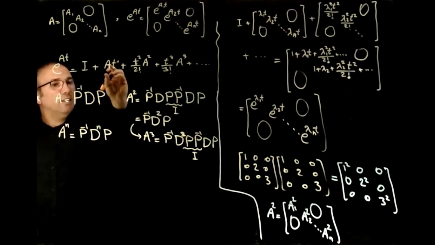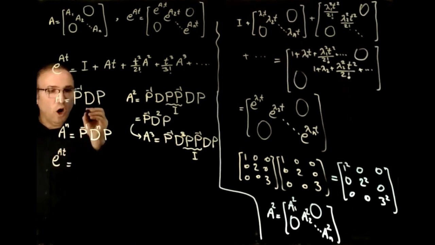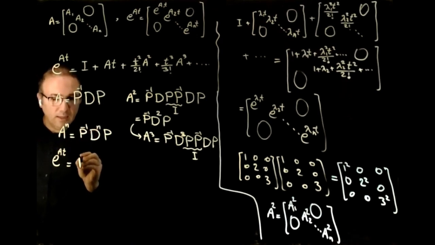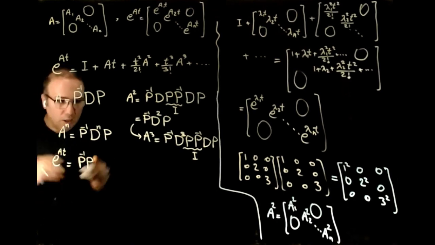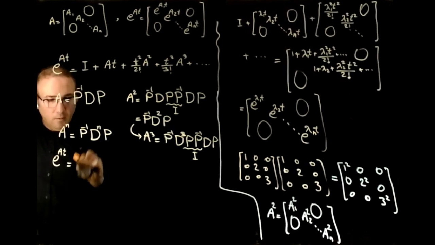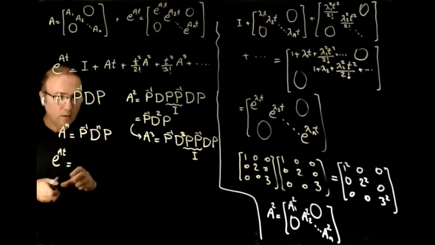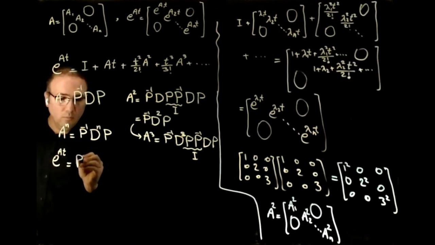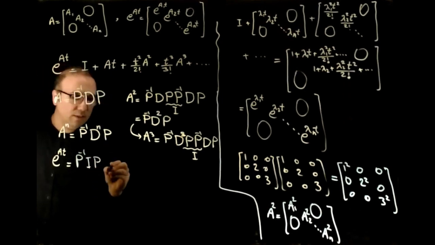Then if I plug in all these, I would see that e to the power of At equals I. And instead of I, I write it as P inverse P because it is the same thing, right? Or let's say P inverse I P. Instead of I, I write that.